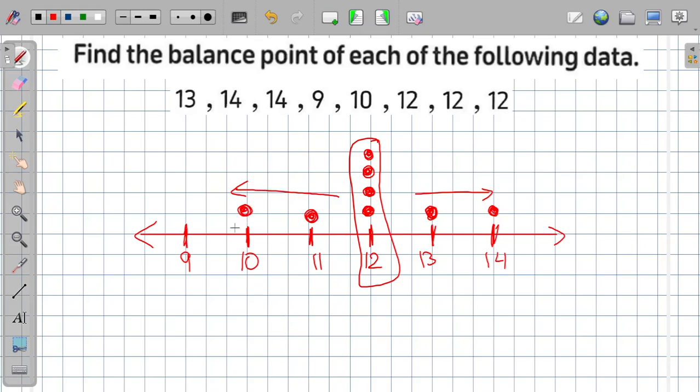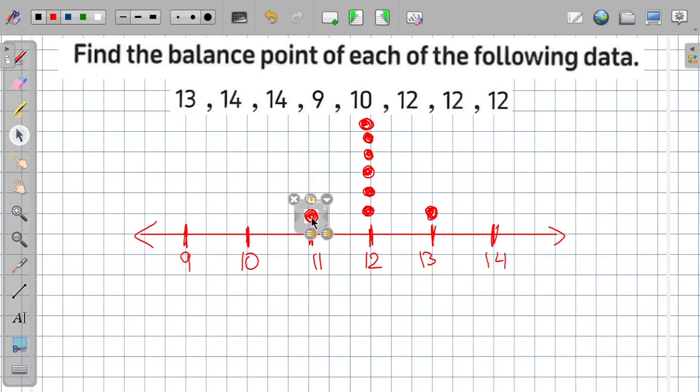So we can try another way. We can continue until we can see that all dots is above one number. So I will move this point right here to 13 and this point right here to 11. Next, I will move this point to 12 and this point to 12.